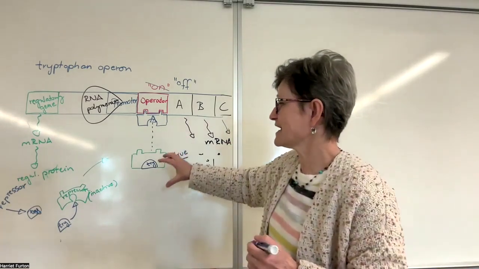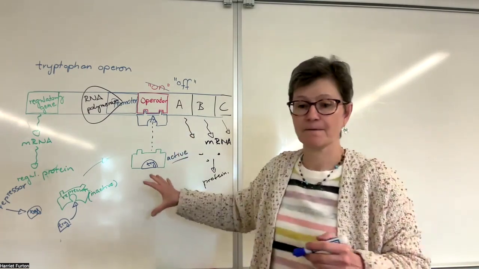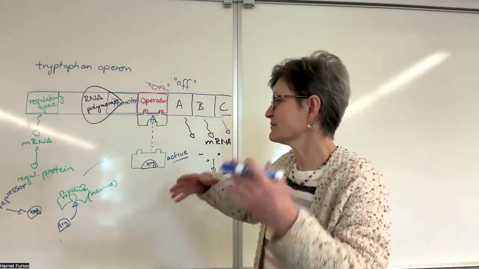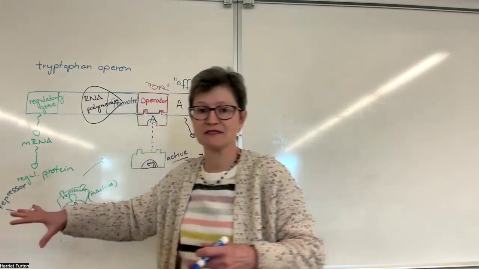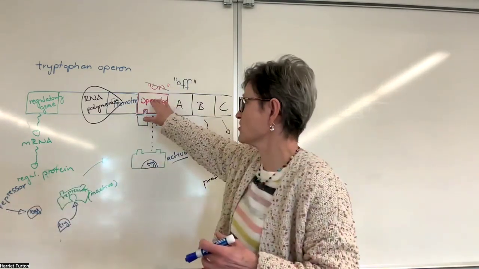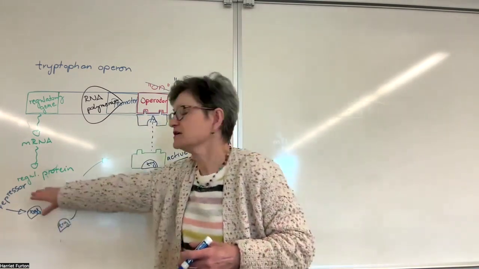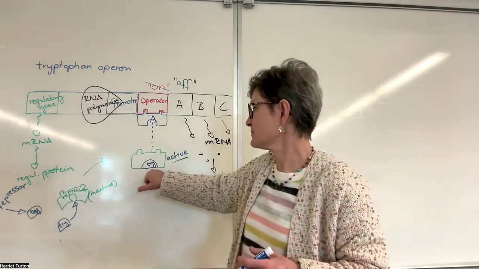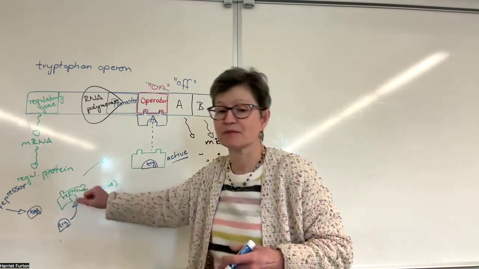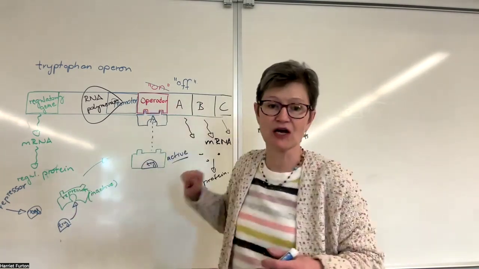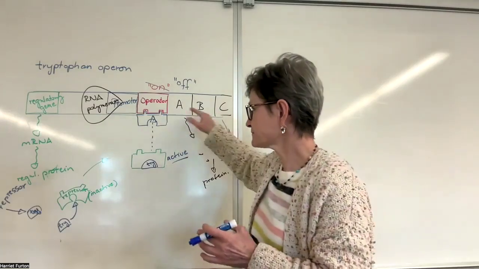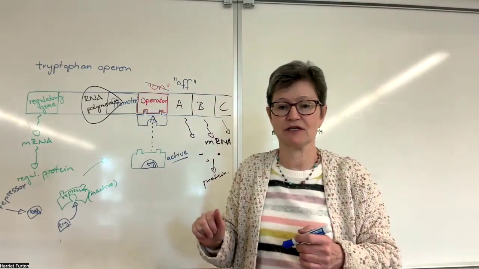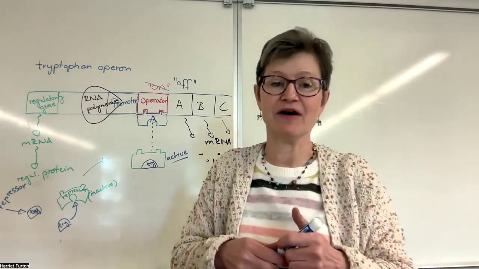So this is a repressible operon. We can repress it with a co-repressor. Normally, this is on, but when we have the co-repressor, it will activate the repressor, so it combines with the operator region, and it will stop the RNA polymerase action. This is one type of the operon.